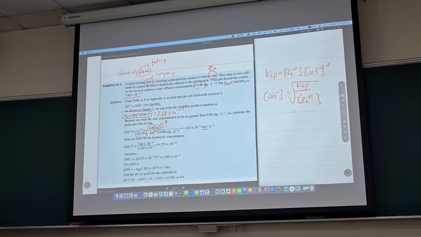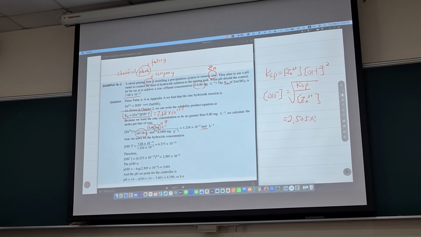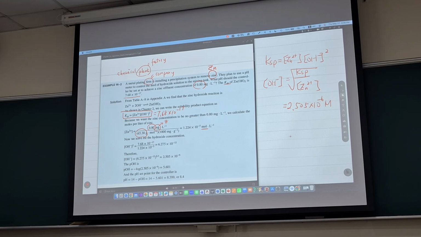So after that, we got the hydroxide concentration 2.505 times 10 to the minus 6. The pOH value equals minus log OH minus.